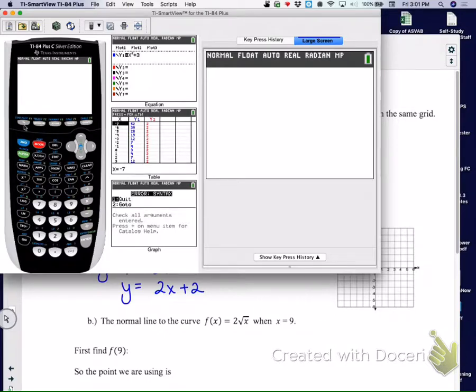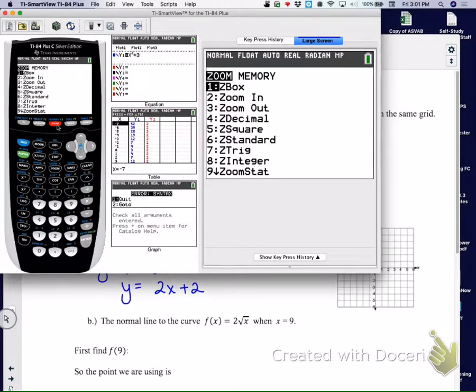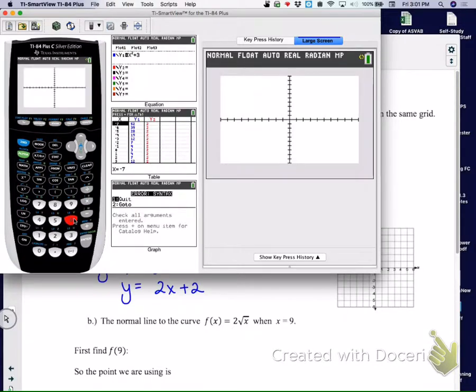All right, go to Zoom. Here we go. Go to Zoom and go to 6 for standard. That puts your graph back to normal. So there's my original parabola. And there's the tangent line. So you can see there that it does touch in just one spot.